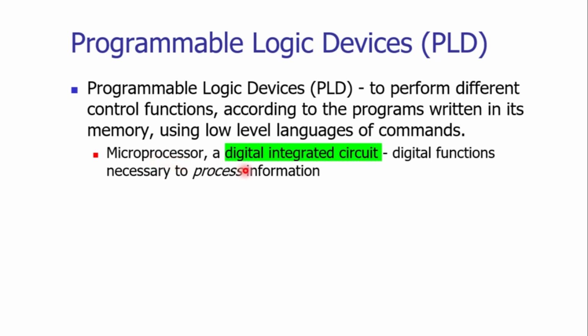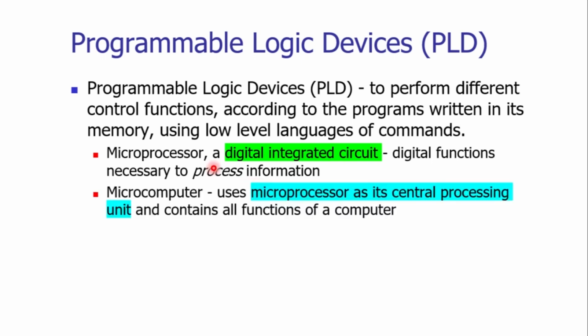A microprocessor is a digital integrated circuit. It is an electronic circuit and it carries out various digital functions which are necessary to process the data given to the microprocessor.